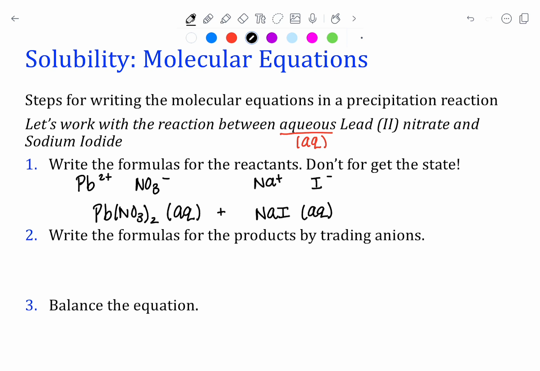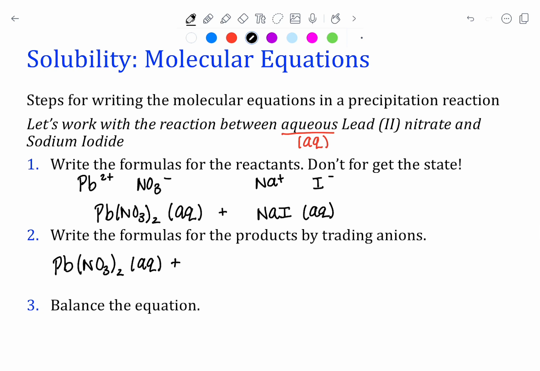with aqueous. Our next step is to write the formulas for the products by trading our anions. So we have Pb(NO3)2 aqueous reacting with NaI aqueous.